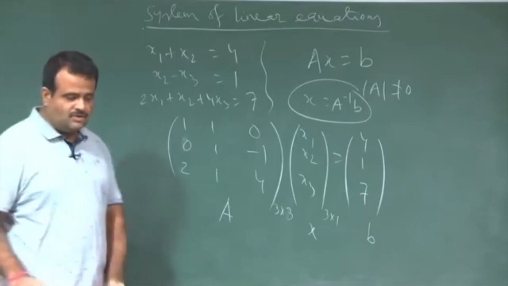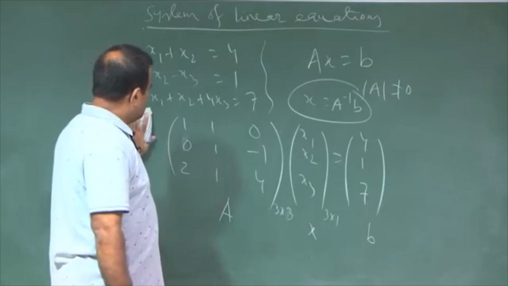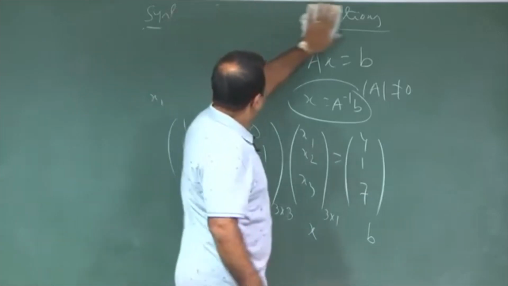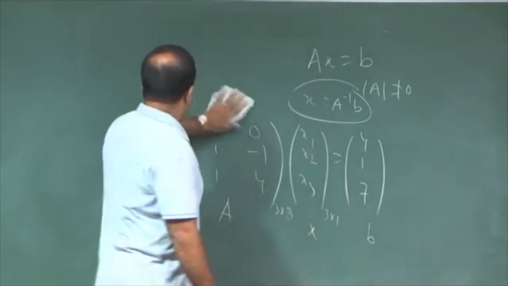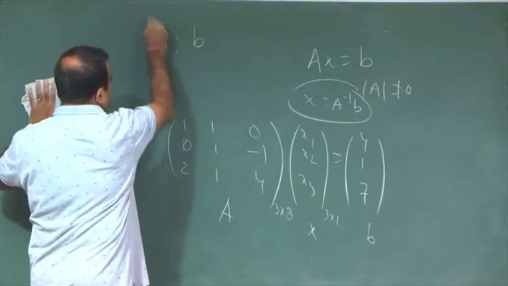For that we need to take what is called the augmented matrix. What is the augmented matrix? The augmented matrix is where we take this matrix A along with this vector b.